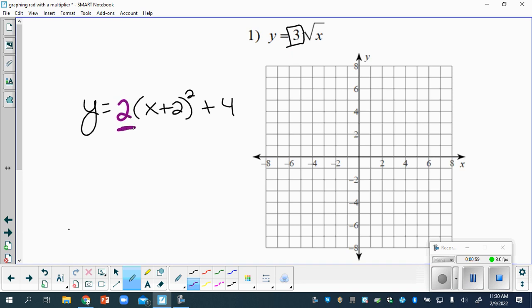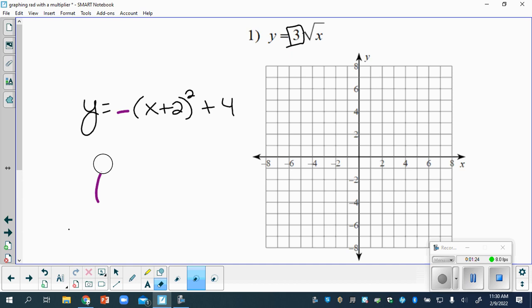And that number would make the graph really skinny or really fat. Or sometimes we would have a negative number out front like this, and it would make it a sad face. Remember that? It would go upside down like that. So that's what's going to happen tonight, is we're going to be changing the shape of our little comets.